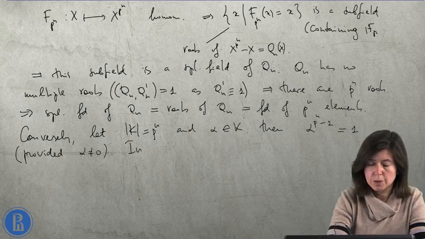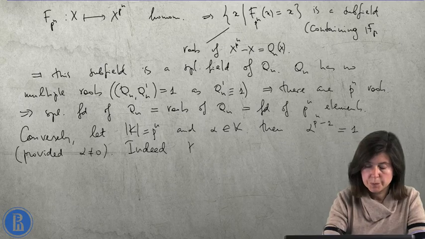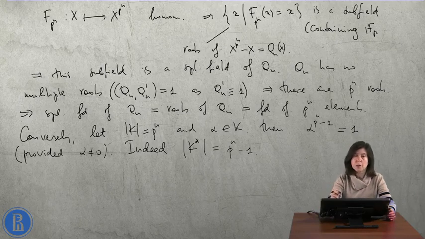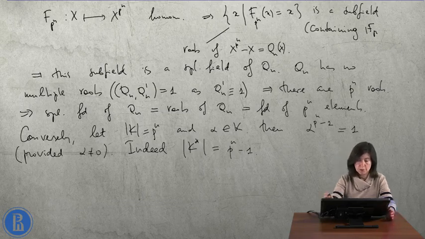Indeed, the multiplicative group of k has cardinality p^n minus 1. So any element of k star to the power p^n minus 1 must be equal to the unit element.